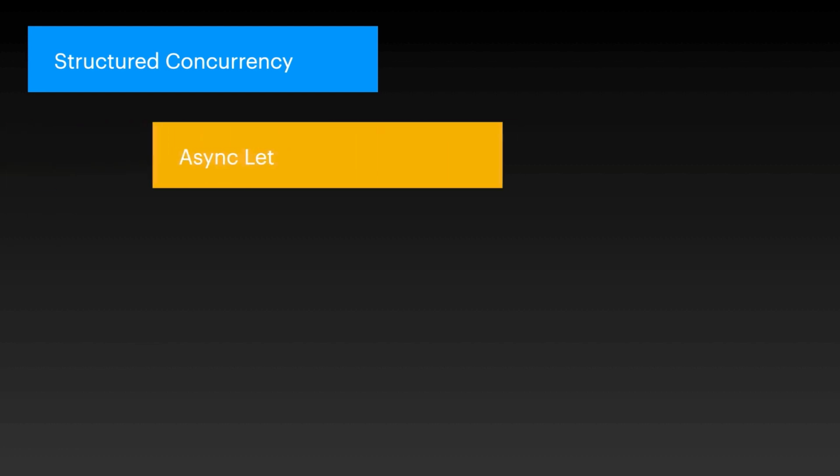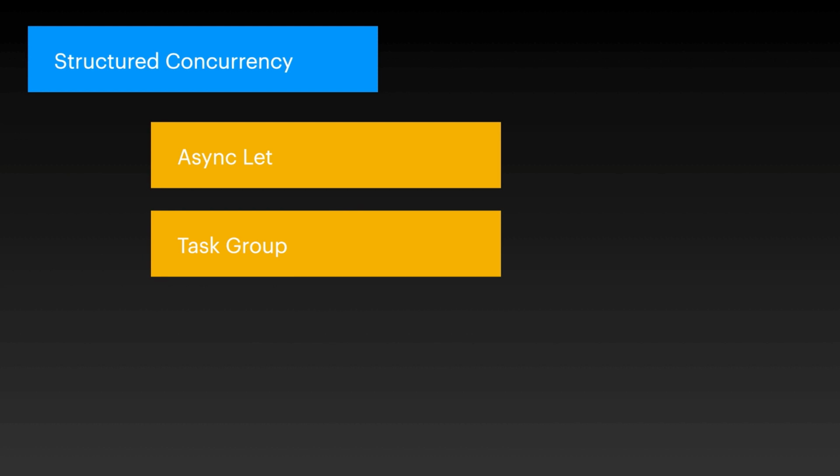In this module, we'll be talking about structured concurrency using async and await in Swift language. We will look at many different ways where you can create structured concurrency, starting with async-let, which allows you to run concurrent tasks, and task groups, which allow you to run multiple child tasks based on the groups. So if you have a dynamic amount of tasks that you want to create, task group is an excellent choice.